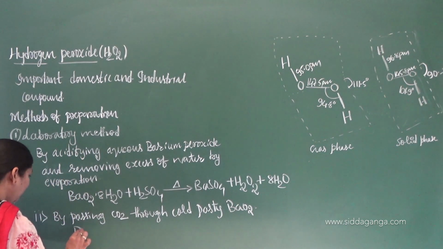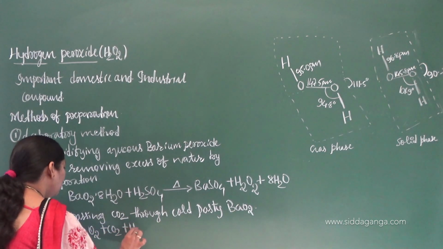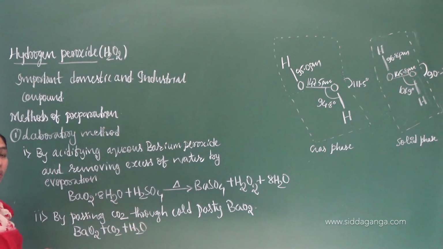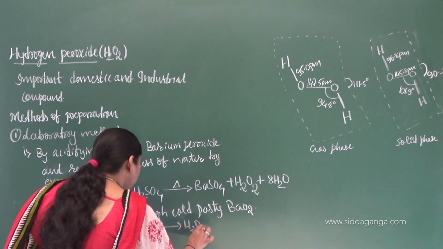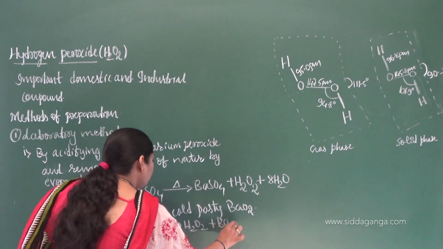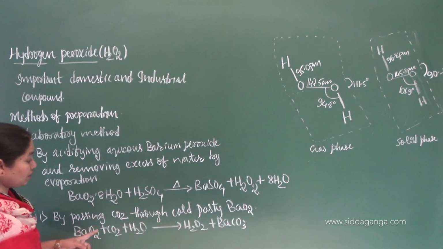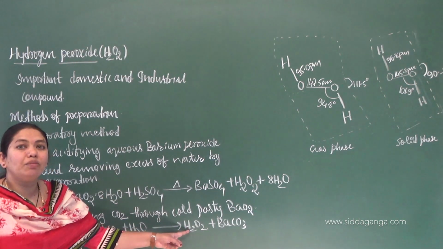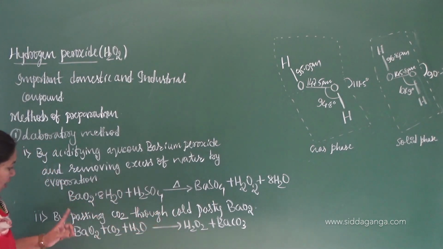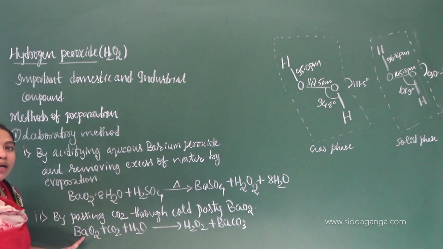The reaction is like this. Barium peroxide plus carbon dioxide plus H2O, because it is cold and pasty, you are going to get H2O2 with the formation of BaCO3, that is nothing but barium carbonate. This is one more method by which we can prepare our desired product, hydrogen peroxide, by passing a current of carbon dioxide into the cold and pasty barium peroxide.